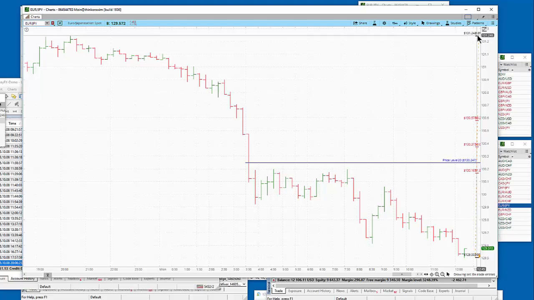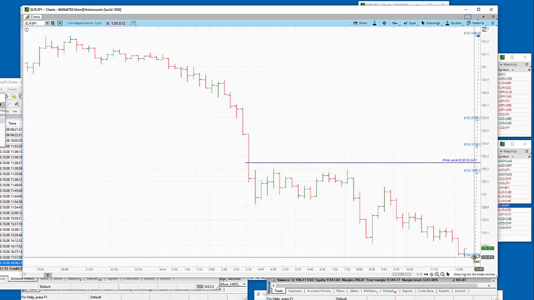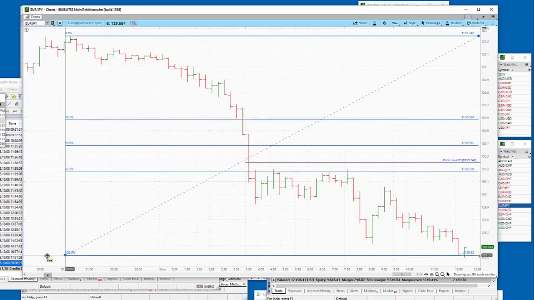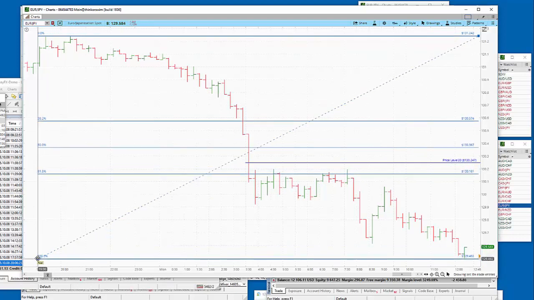Now if you want to see these, what I can do is click on this Fibonacci, and why don't we go ahead and carry it across the entire page so that you can see it.